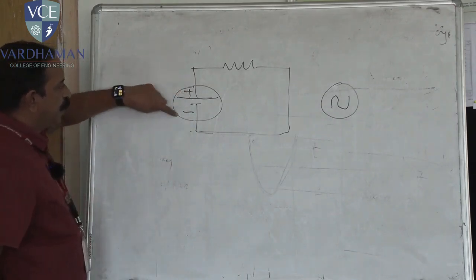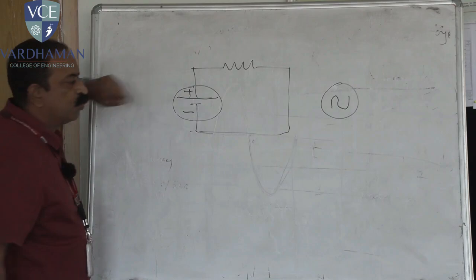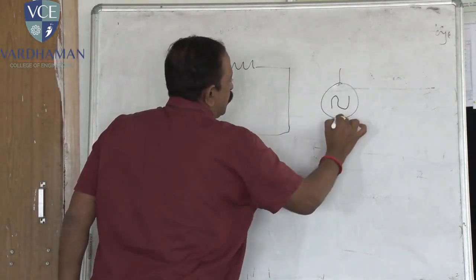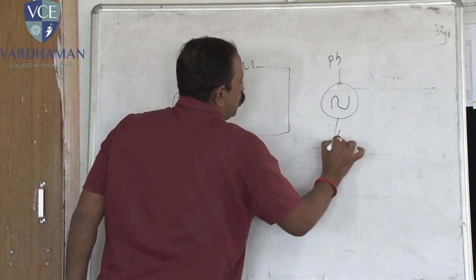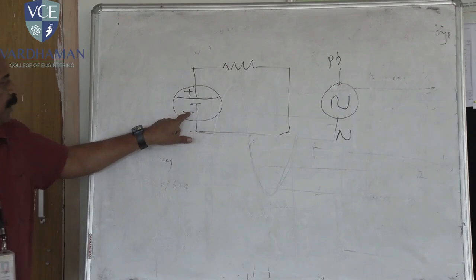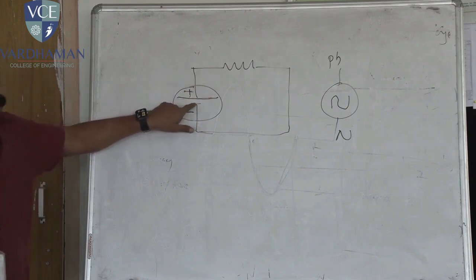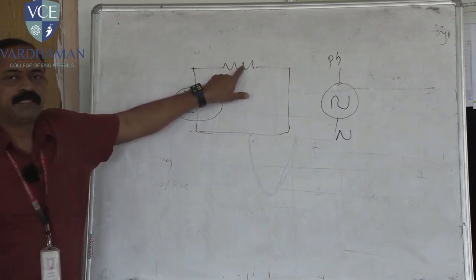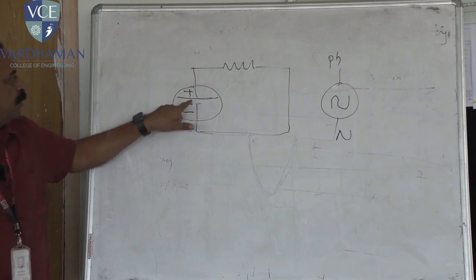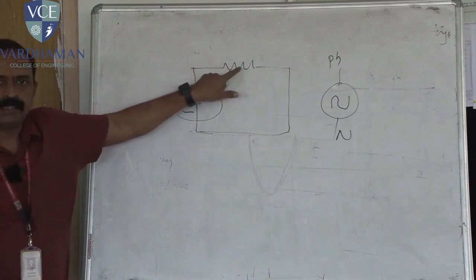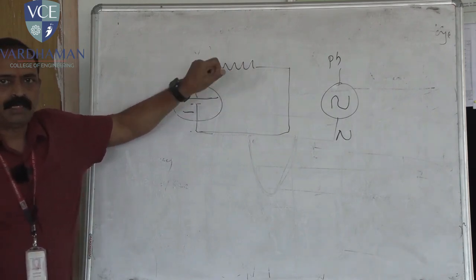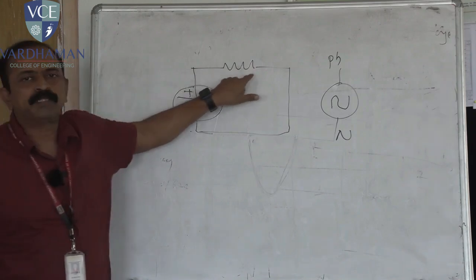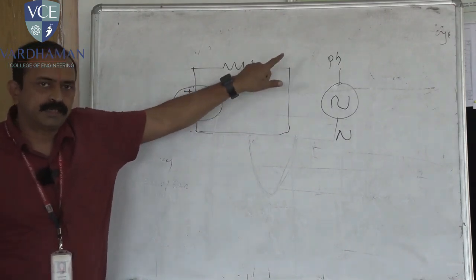When positive and negative are there, this is definitely a DC source, and an AC source is represented with phase and neutral. Whichever supplies energy to the circuit are called active elements, and passive elements are defined as whichever take the current and dissipate the power. The best examples of passive elements are resistors, capacitors, and inductors.